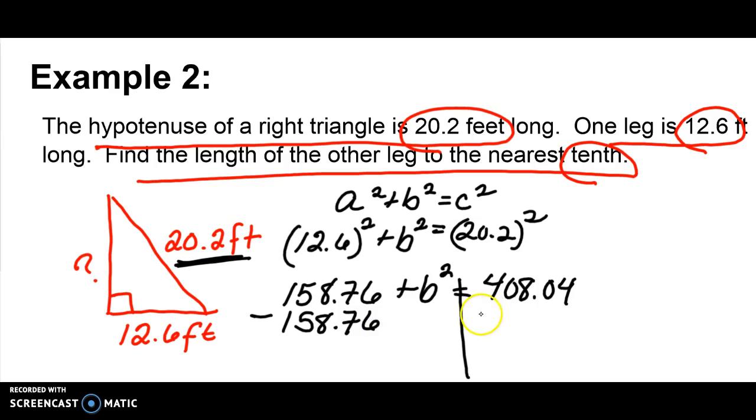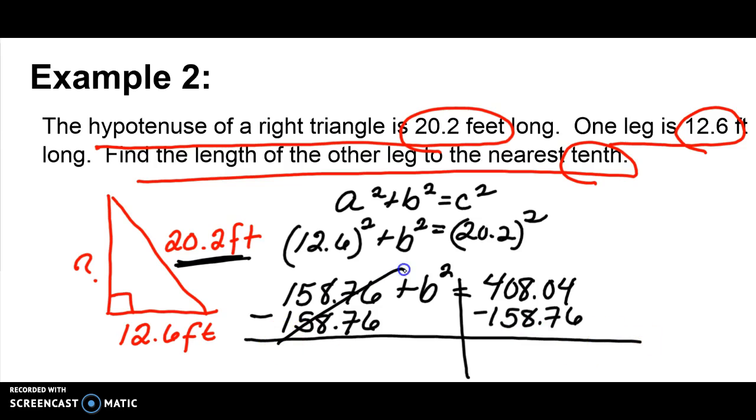158.76. Again, making sure that your math is neat so that you don't get confused, because it does get a little messy. These cancel. b squared drops down. 408.04 minus 158.76 is 249.28.